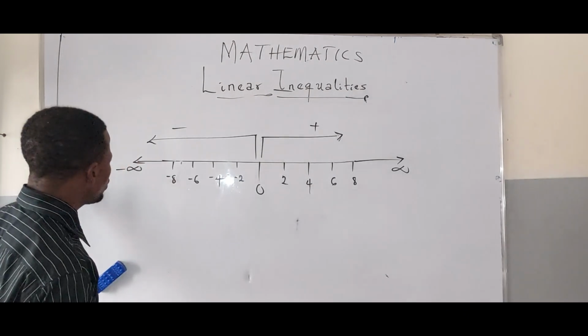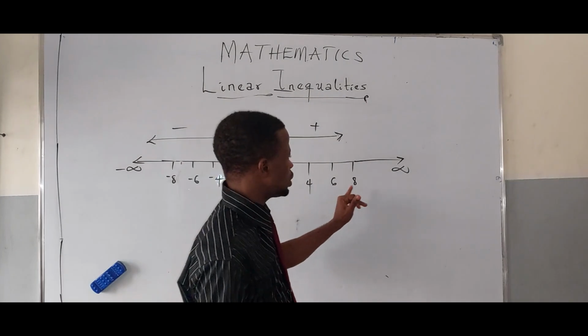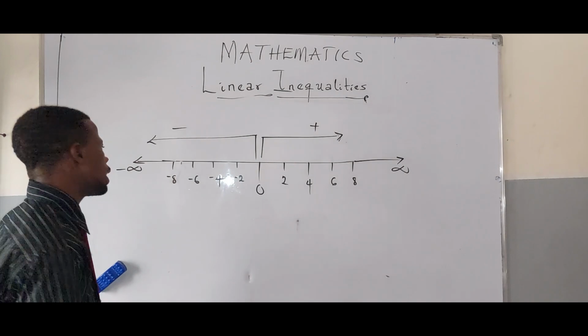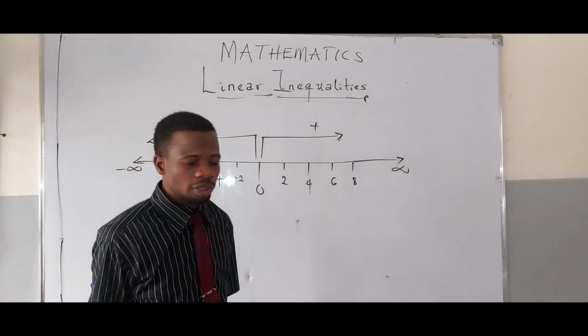From here you can see 0 to 4, 6, 8 to infinity, continuing to any other big number. Then we have negative infinity, to the extreme negative numbers, right?